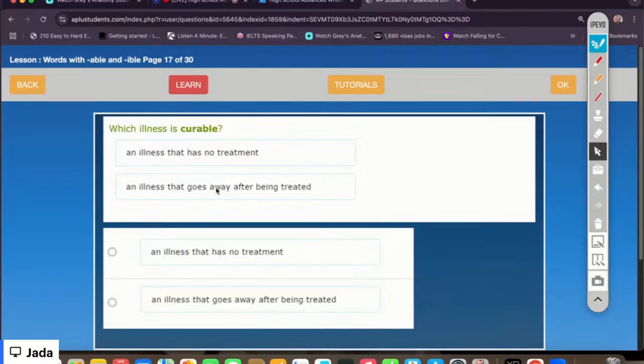An illness that has no treatment or an illness that goes away after being treated?